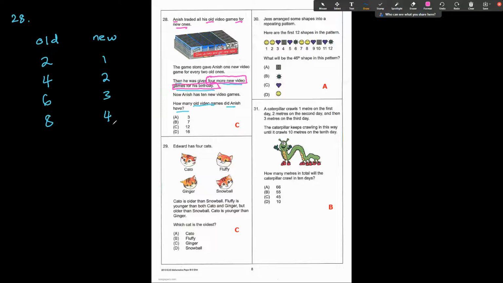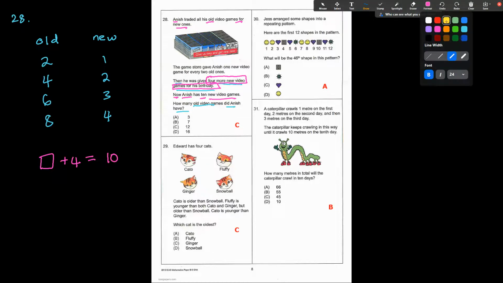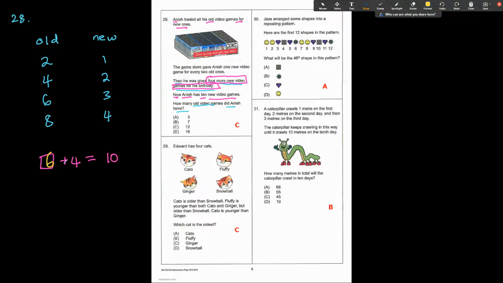All right. So if he was given 4 more new, now Anish has 10 new video games, right? So some number plus 4 equals 10. What number plus 4 equals 10? 6. Right. So 6. This is what was old, right? This is the old ones and this is the new ones.